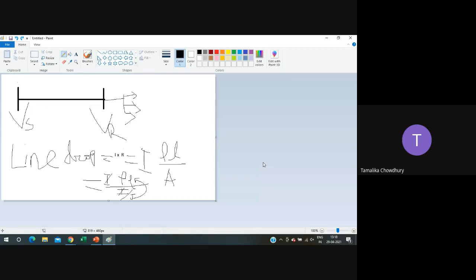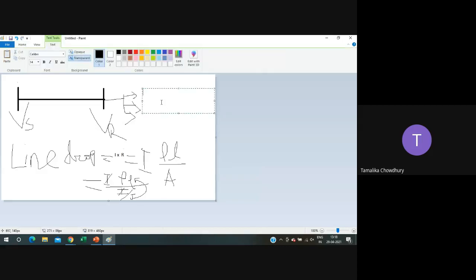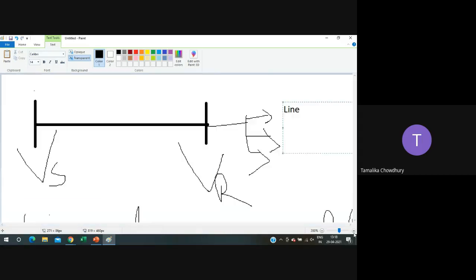Line voltage drop. Okay, so IR is equal to this value. That is clear. I'm just writing here in the line, everyone can see, right?